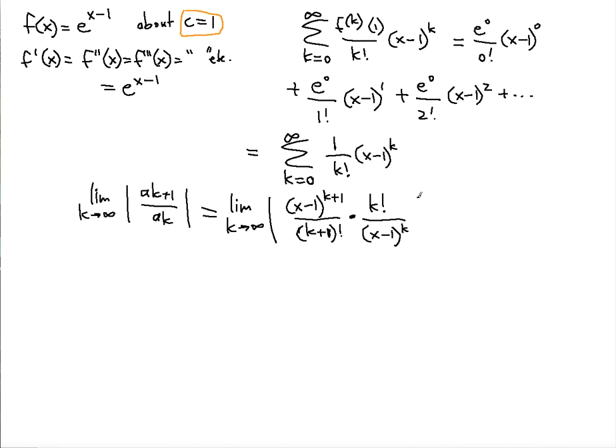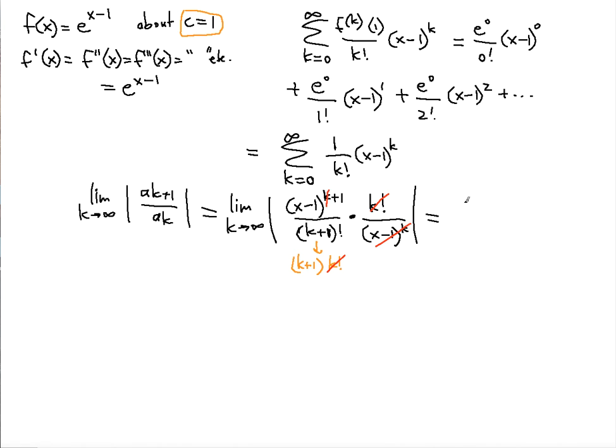Then what do we get? Notice that this can be expressed as k plus 1 times k factorial, so the k factorials will be gone, because we factored out the k plus 1. And this is gone and this is gone. I should just cross out the k, and then 1 remains. x minus 1 remains.